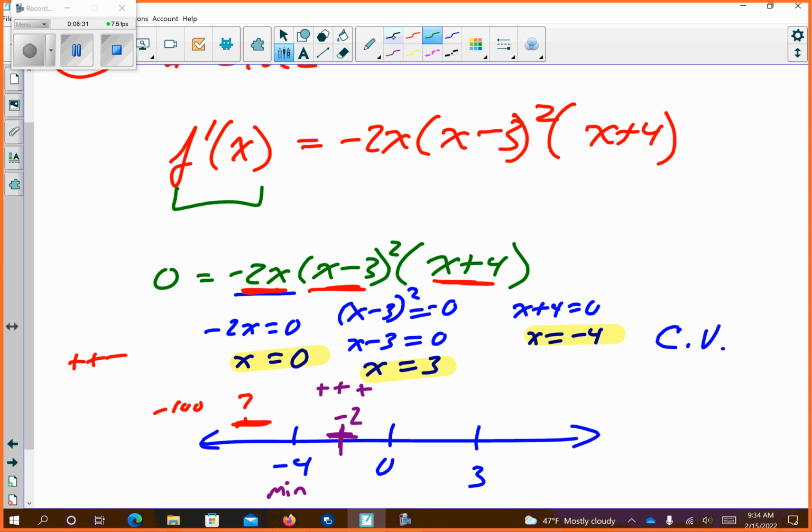All right, let's pick a number like 1. Take 1, plug it in. -2 times 1, positive or negative? 1 minus 3 is -2. Negative squared is? Positive. 1 plus 4 is positive.